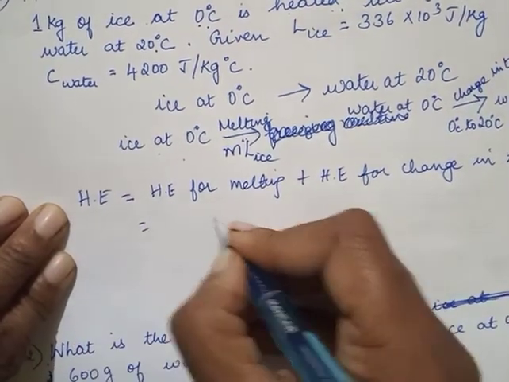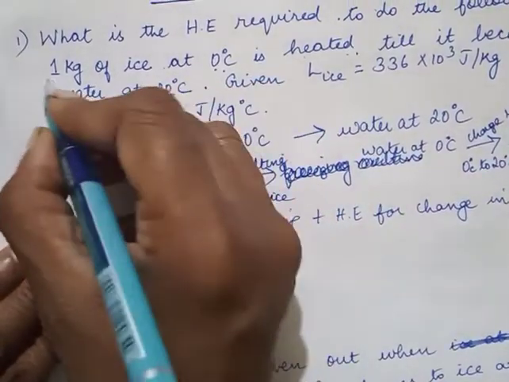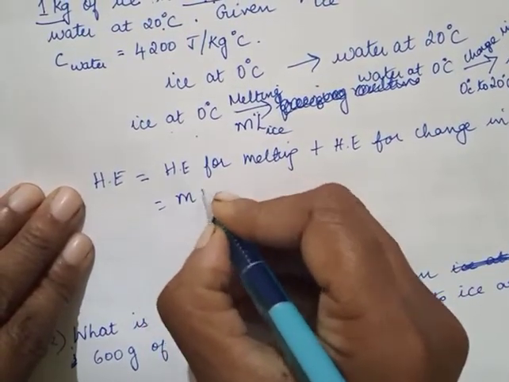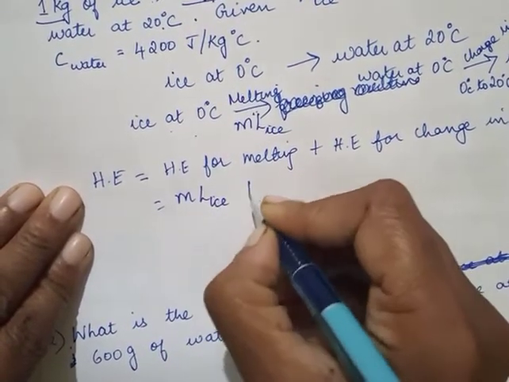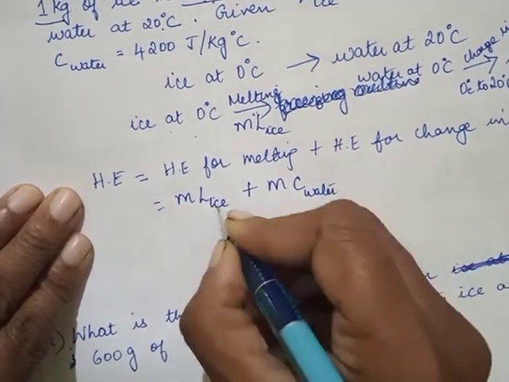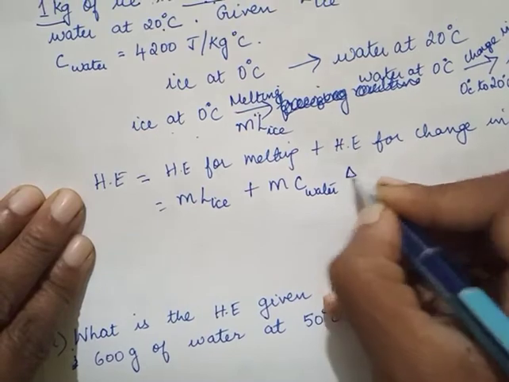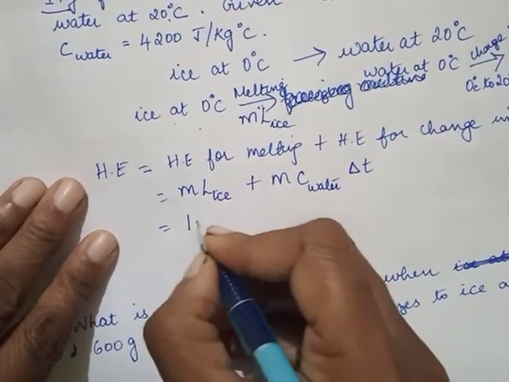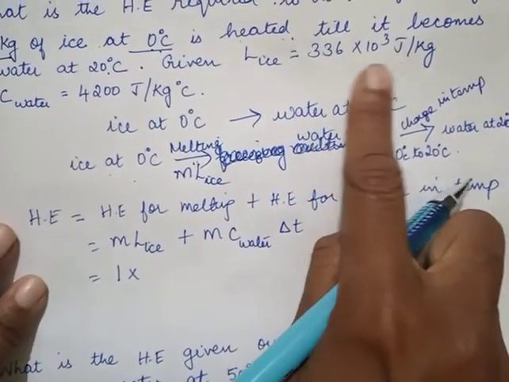So heat energy for melting of ice, 1 kg of ice at 0 degrees Celsius. So formula will be M into L of ice plus M into C of water, because ice will change to water, into del T. Now M is 1 kg and L of ice is 336 into 10.